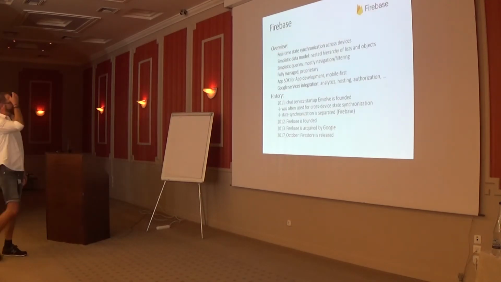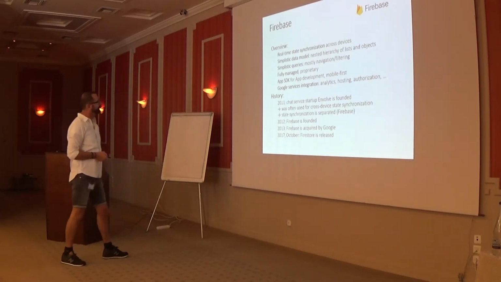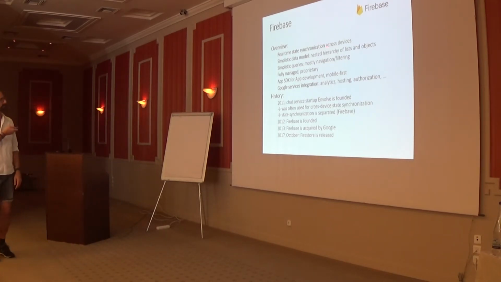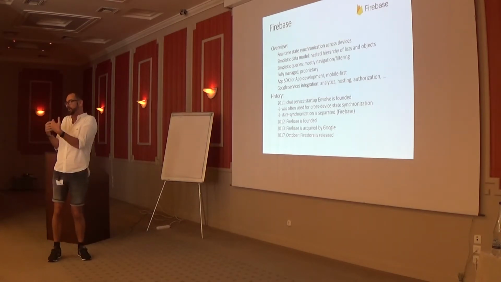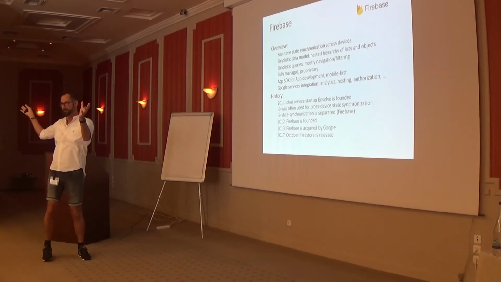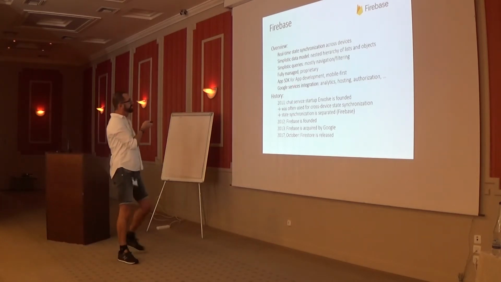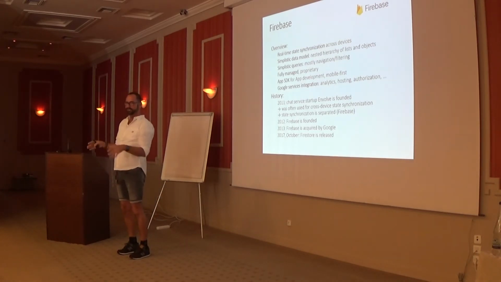Firebase is possibly worth mentioning a little bit more. It does real-time state synchronization across devices, so it is actually meant to notify thousands of mobile devices out there. It has a very simplistic data model. Actually, the overall database is one hierarchical JSON object.